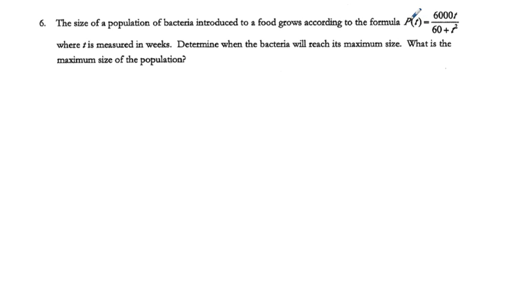So what I want to do for this one is, since we're going to find the first derivative, we could use the quotient rule here. I would like to rewrite this equation in this manner.